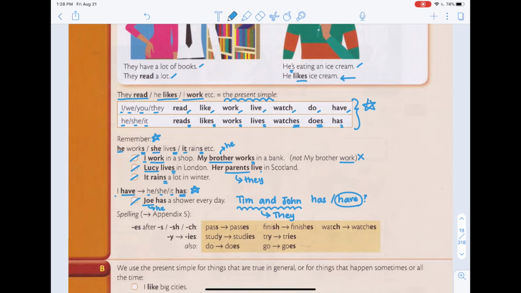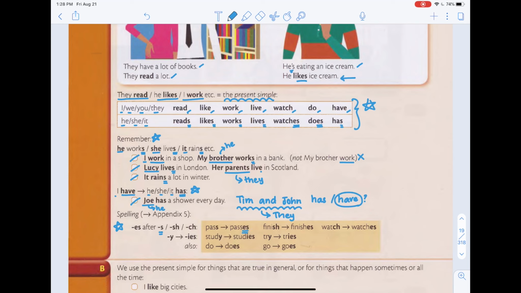So this is how you change the word and add s or es, or ies to it. Any word that ends with the letter s, like pass, you will change it to passes.